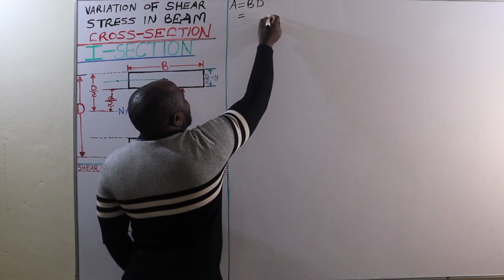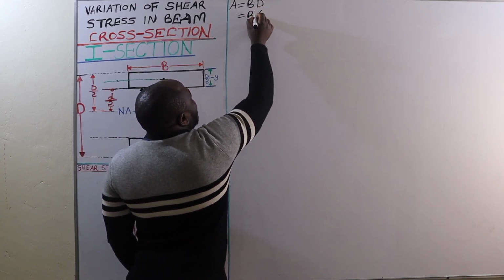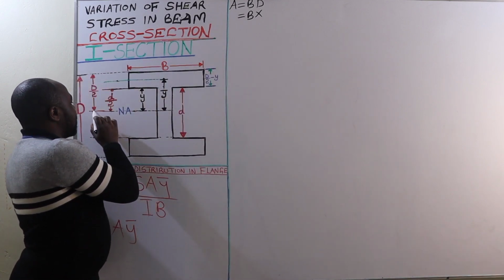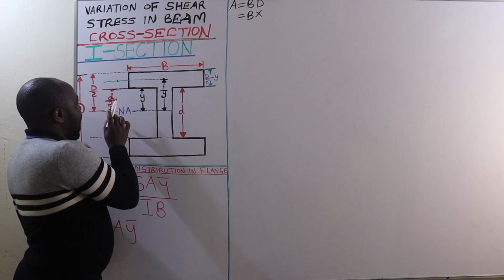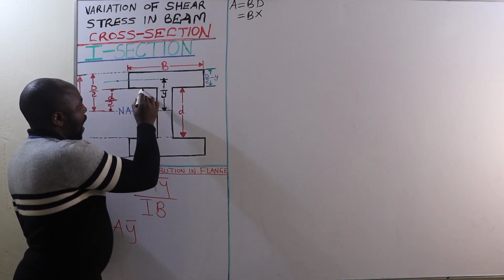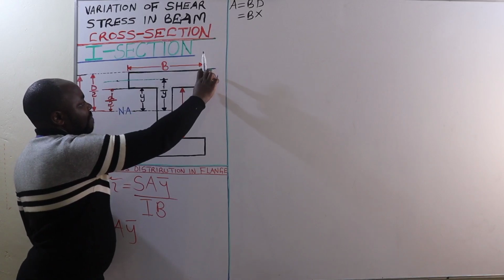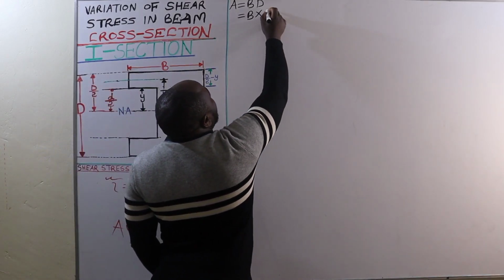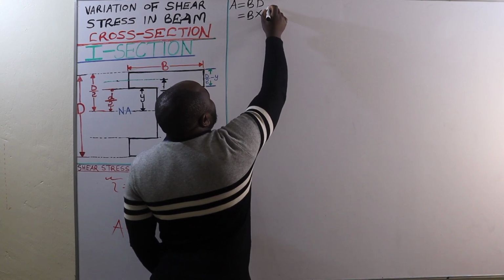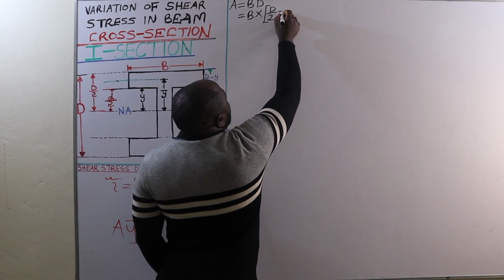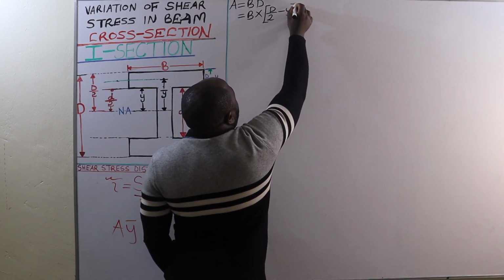Now, the depth of this top flange will be D over 2, that is half the depth of the I section, minus y. So that's going to give us the depth of the top flange. So B multiplied by D over 2 minus y.